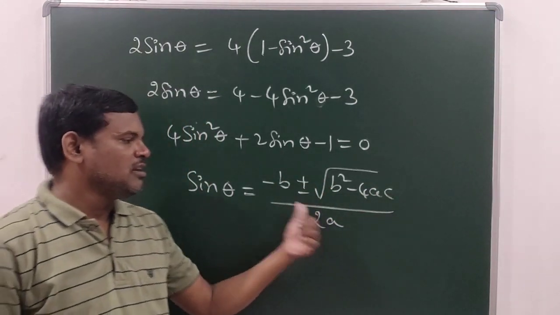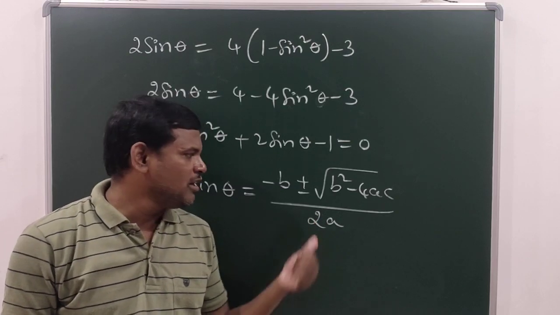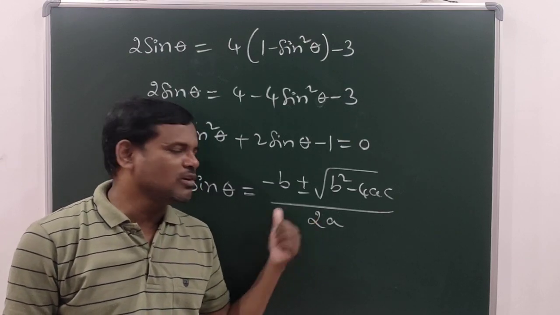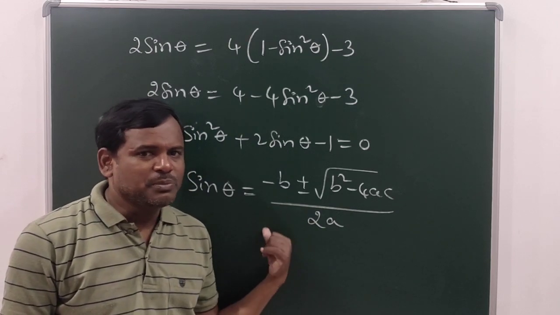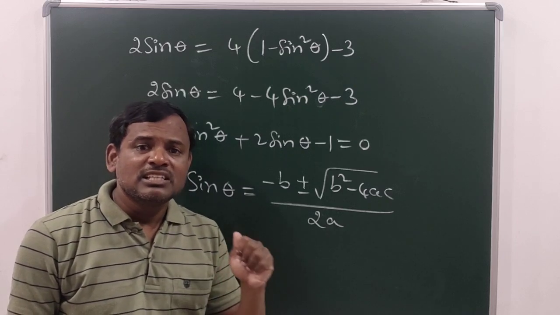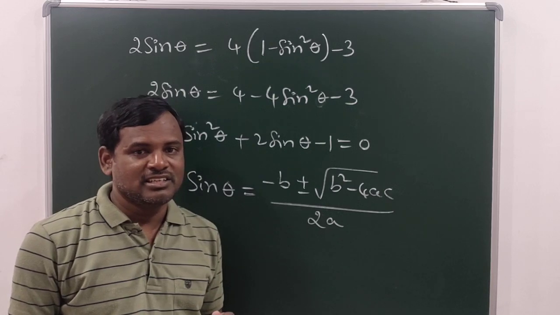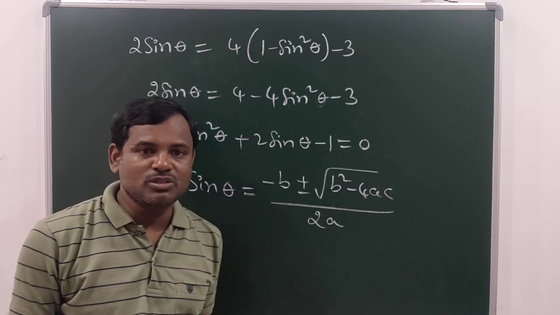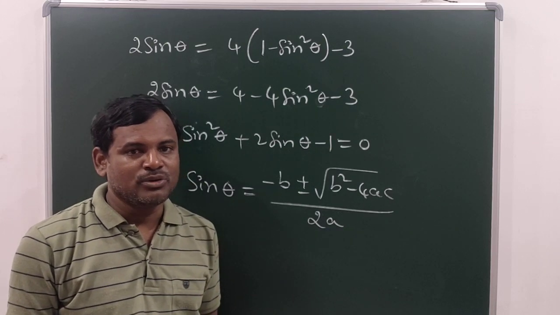This is the quadratic formula which was given by Sridharacharya, so on behalf of his name you can also call it the Sridharacharya formula. But in this problem what we are doing? We are finding the sine ratio at an angle 18 degrees. That 18 degrees belongs to the first quadrant, where sine is positive.